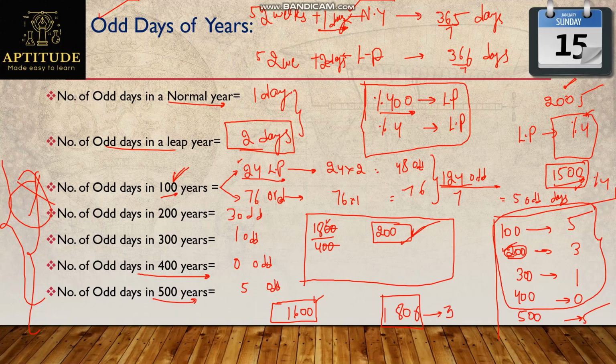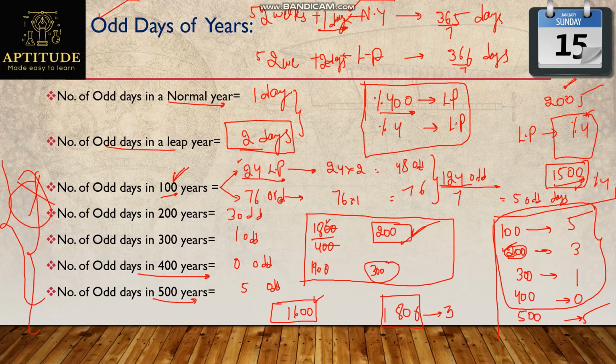Like that, what will be the century code for, say, 1900? 1900 divided by 400 means the remainder will be 300. Just remember the four table: 4 fours are 16, extra 3 will be there, which means 300.